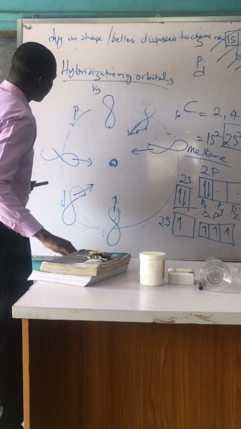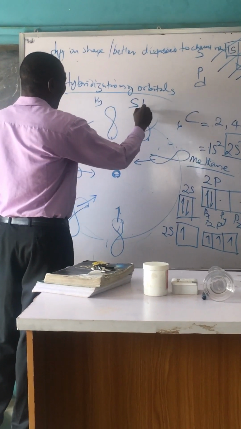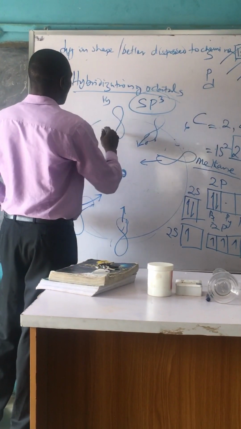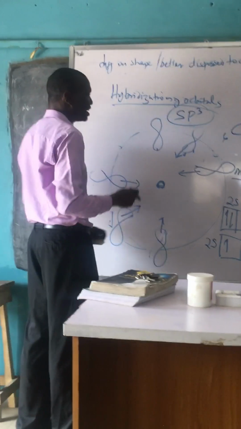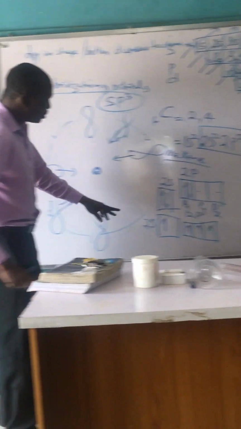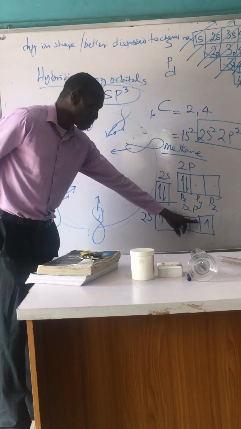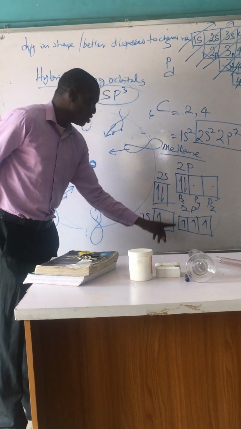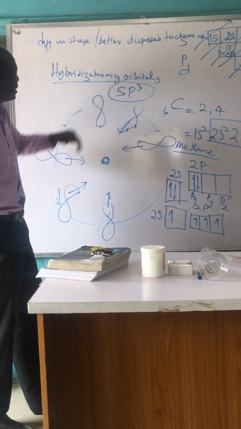By implication, it means that you now have sp3. So that's how methane attains sp3 hybridization.